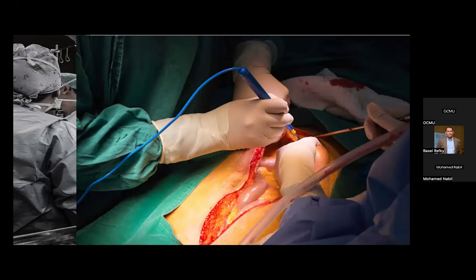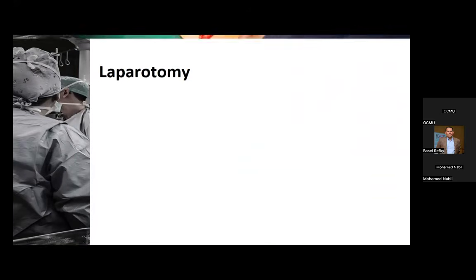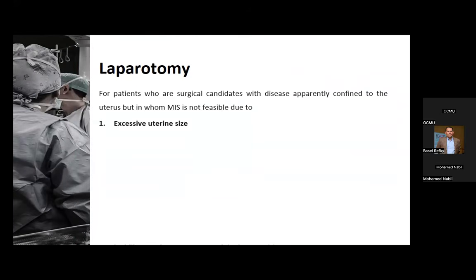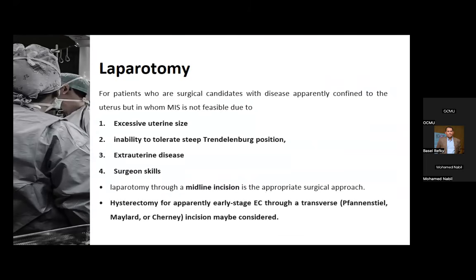So we continue. We spoke about all of the previous slides; we are speaking about the minimally invasive techniques. So this is laparotomy, if you go for laparotomy. It is for patients who are surgical candidates with disease apparently confined to the uterus, but in whom minimally invasive surgery is not feasible: if there is an excessive uterine size, or the patient's inability to tolerate the deep Trendelenburg position.